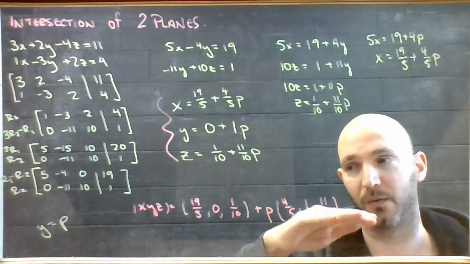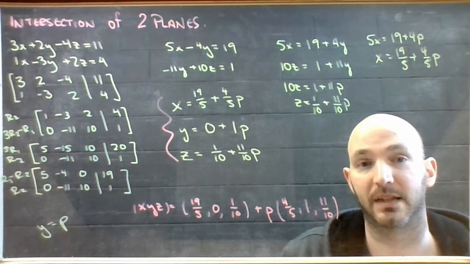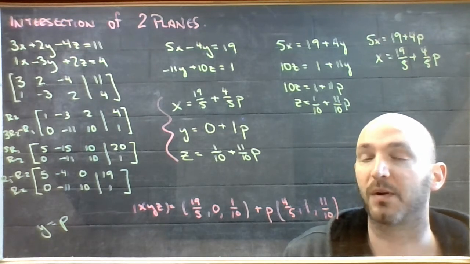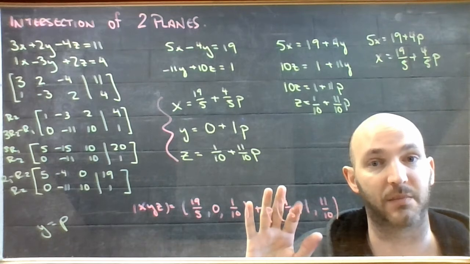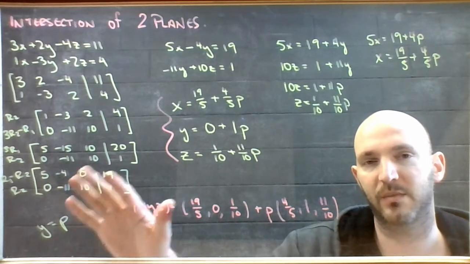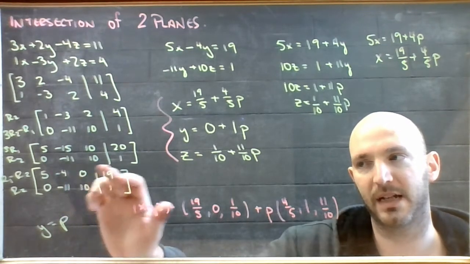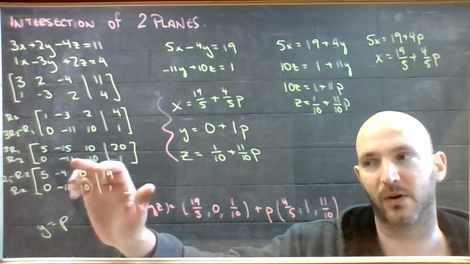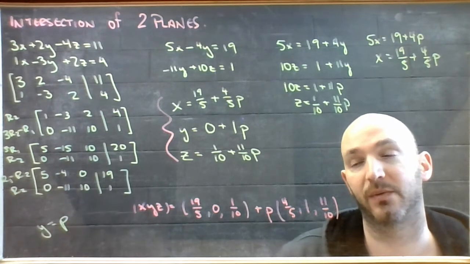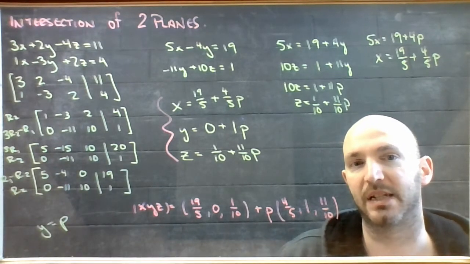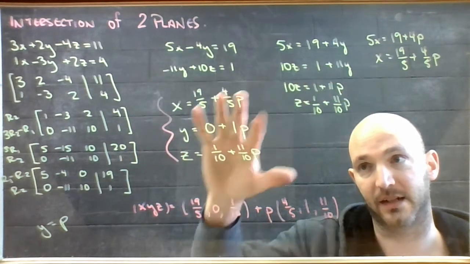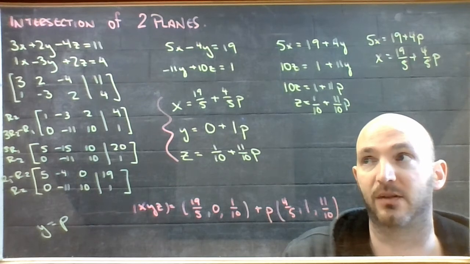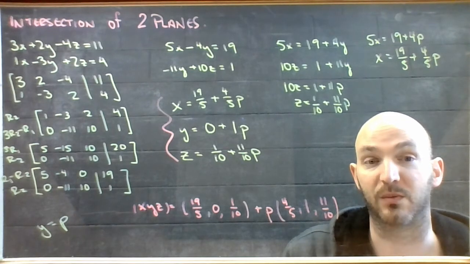You end up with a row of all zeros, so that they're the same plane, or they're parallel, so you'll get 0, 0, 0, and then a number at the back. Or you get to a place like this where you've eliminated one letter in a row and another letter in a different row, and you can't proceed any further. If that's the case, you need to set it up like this and try and extract the equation of a line. So I'll leave you to practice those. Good luck.